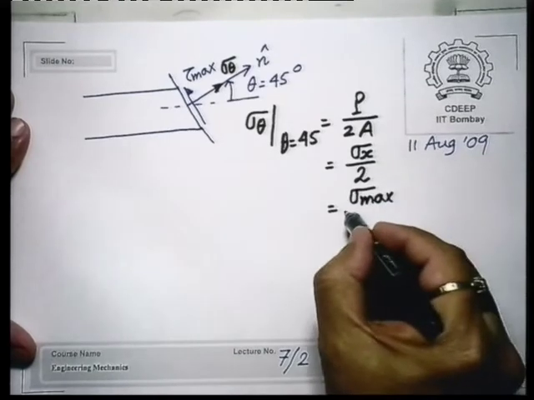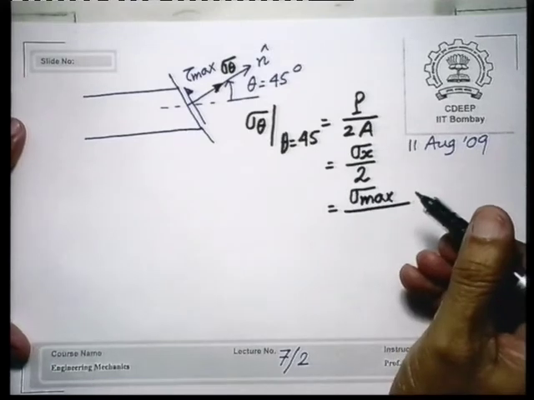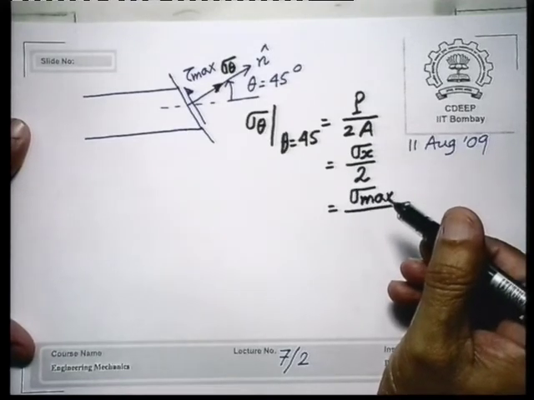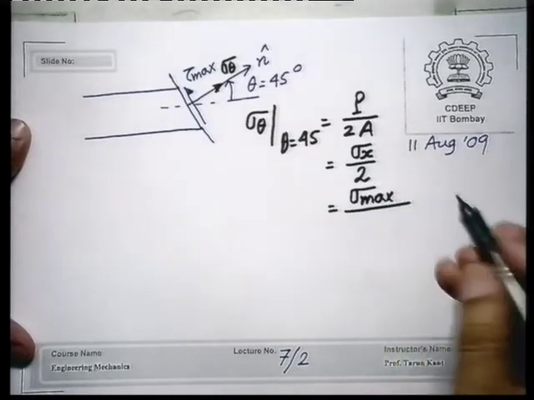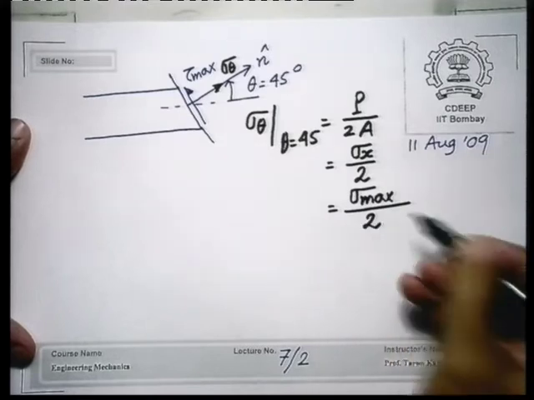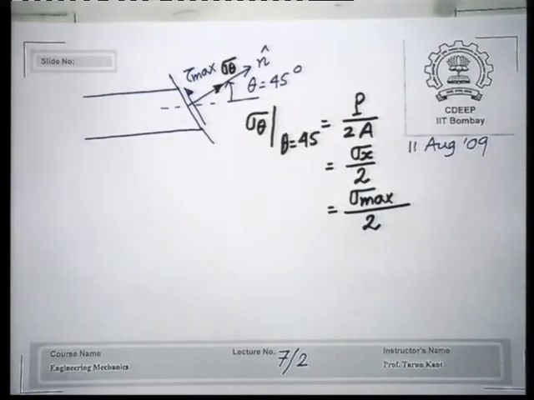So, on a plane where shear stress is maximum, that is 45, there exists a normal stress whose value is half of the maximum value of sigma x, and sigma x happens to be maximum.